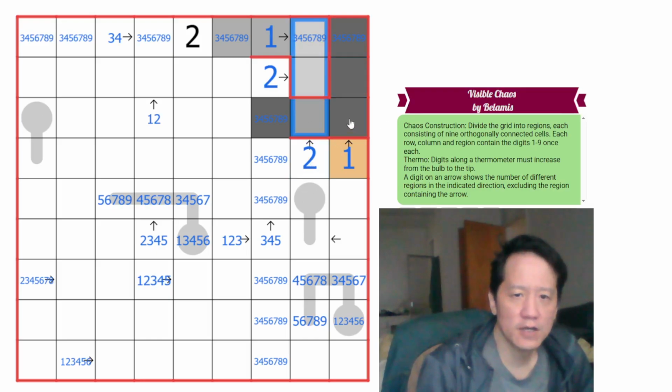Okay, so this is set, this is set, this is set, this is set. Oh, this cannot be dark, because if it's dark, that wouldn't count as 2 in a region. So this has to be a separate region.